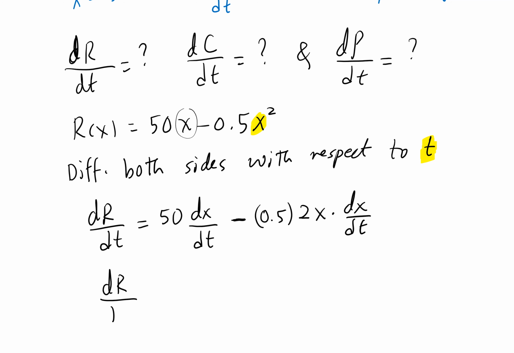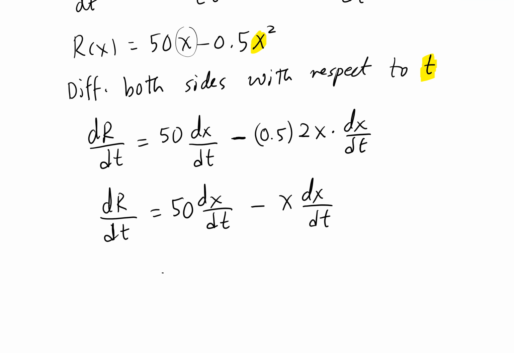Let me rewrite this in a more simplified form. 50 dx dt minus 2 times a half, because 0.5 is a half, that's x, dx dt. But if you look back at the problem, they want us to calculate the value of it. They give us more information.